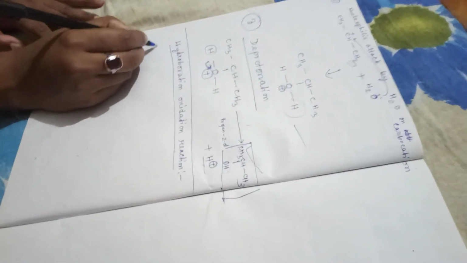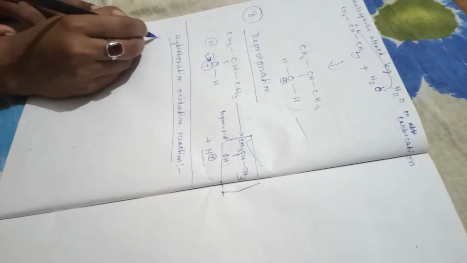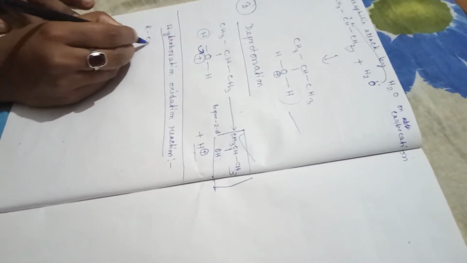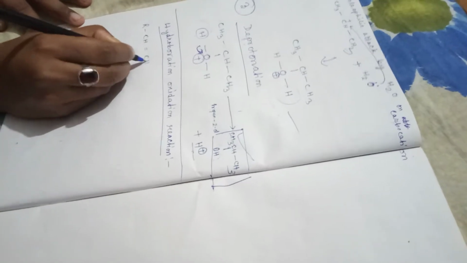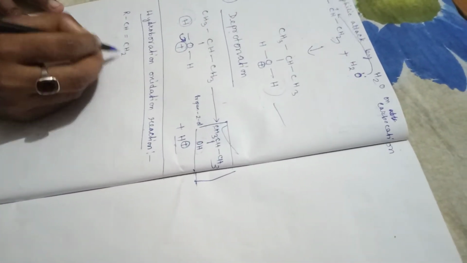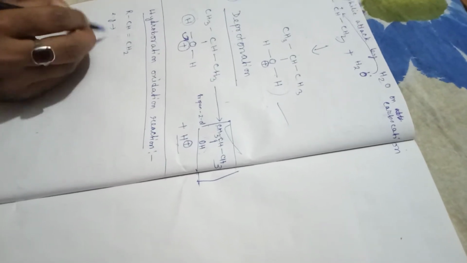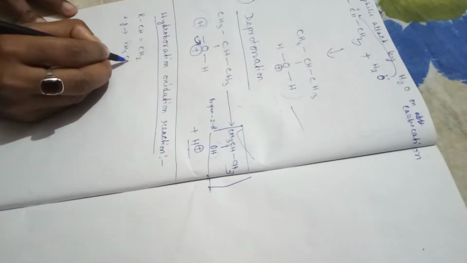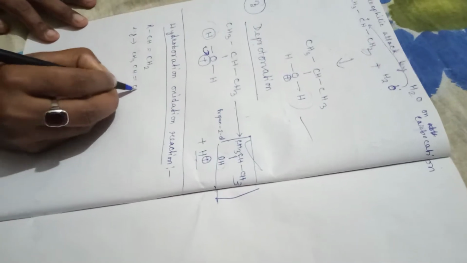So what is the reaction? Let us write an unsymmetrical alkene, RCH double bond CH2. As an example I have taken propene, CH3 CH double bond CH2.